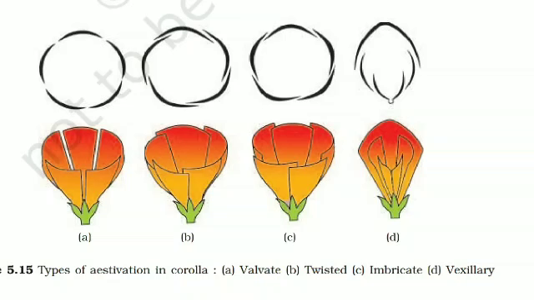Okay, so learn the topic and also practice the diagrams of flowers and different types of estivations, and also learn the examples given for the different types of estivations. Okay class, next day we will start with the androecium, gynoecium and the other parts of the flower.